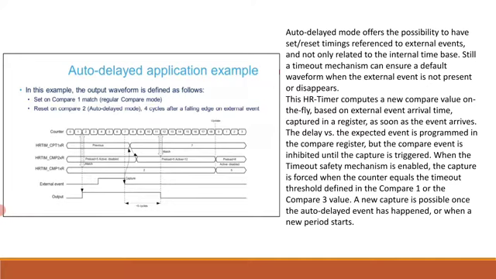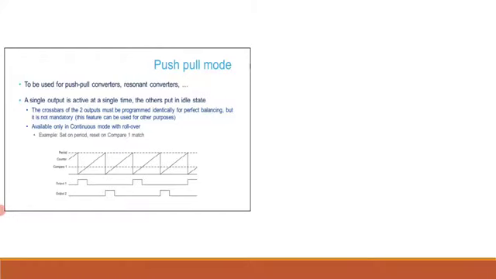The output set occurs when the counter is equal to 2 and matches the HRTIM_CMP1R register value. The HRTIM_CMP2R register is equal to 5 but is ignored until the external event falling edge occurs. The current counter value is 7.